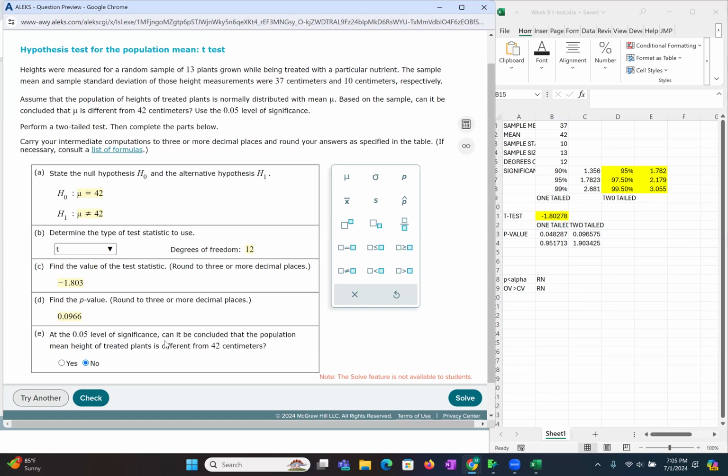In the hypothesis here, they're asking, can you conclude that the height of treated plants is different from 42? I'm telling you to fail to reject this. If I fail to reject this, I'm going to hang on to this, and therefore they're not different from 42. Wow, that makes it click a little bit better.